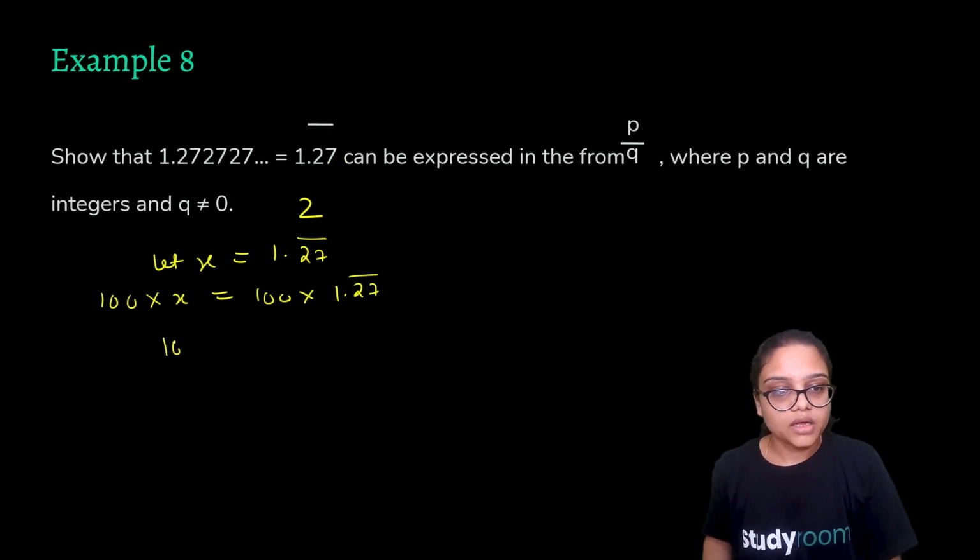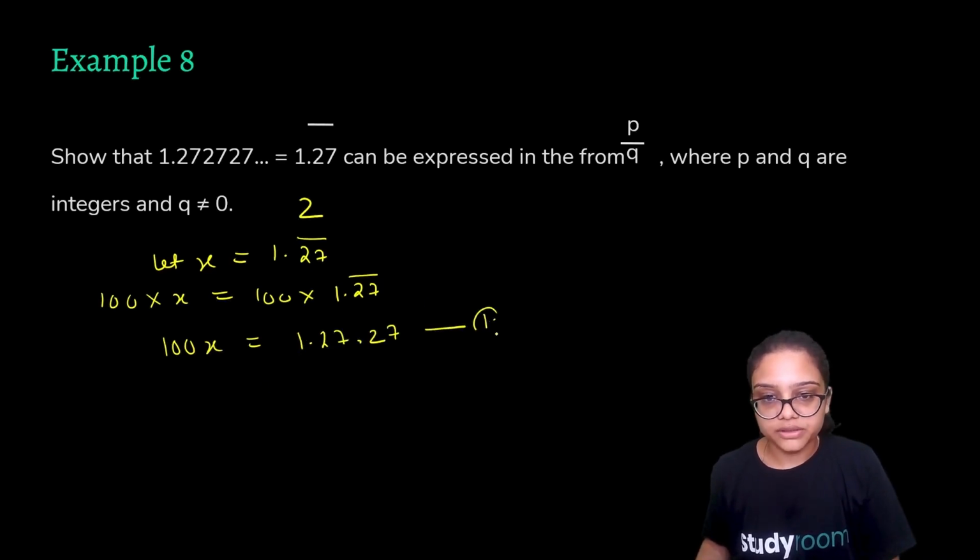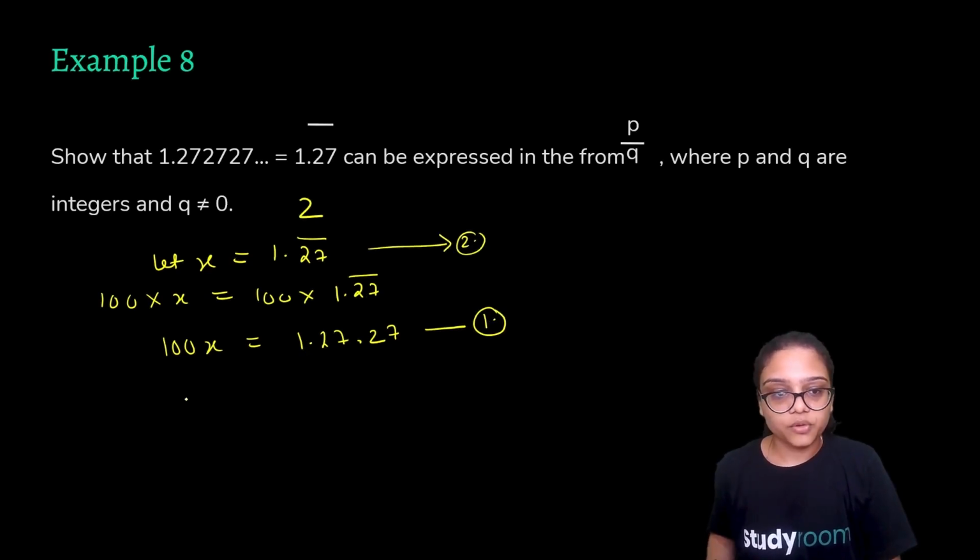So it will be 100x equals 127.27. Now this is our equation number 1 and this is equation number 2. We can subtract 1 from 2. What would we get? 100x minus x, 99x.